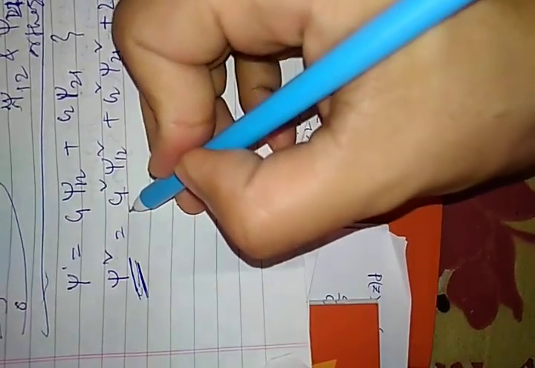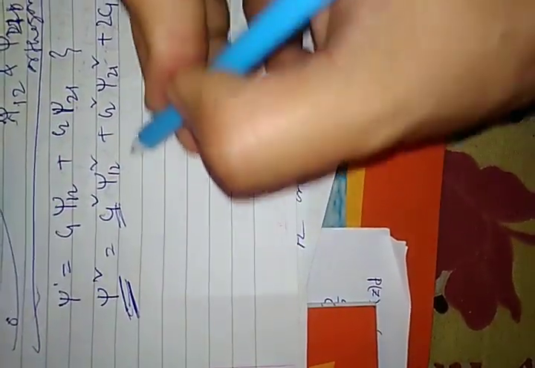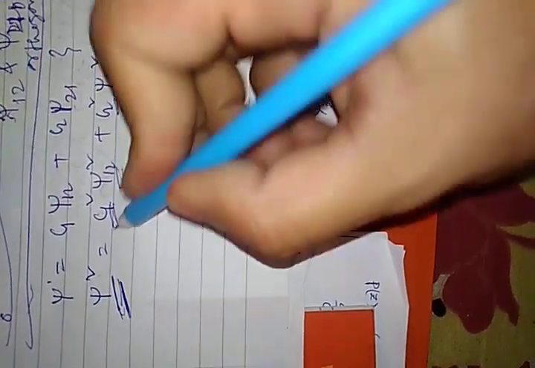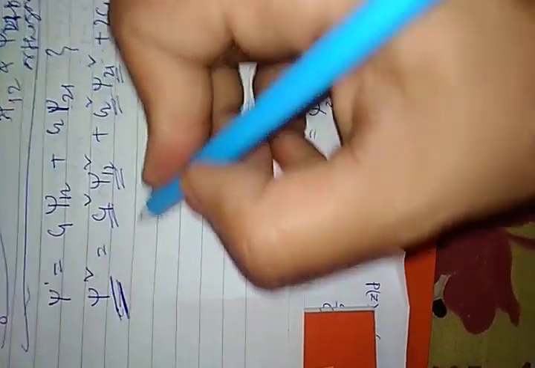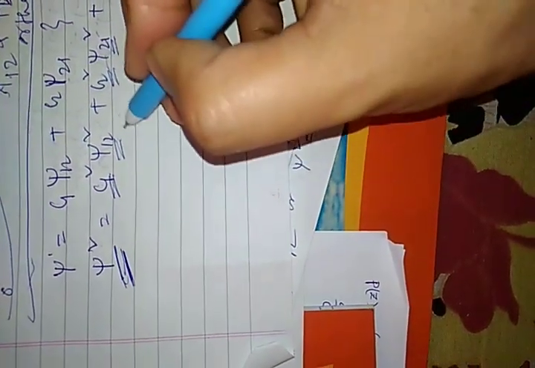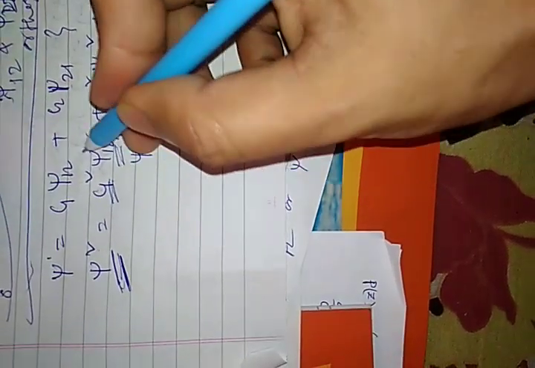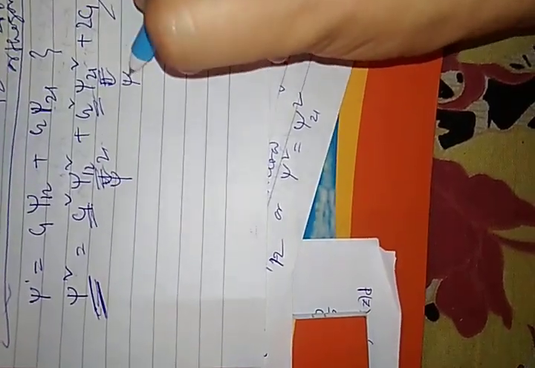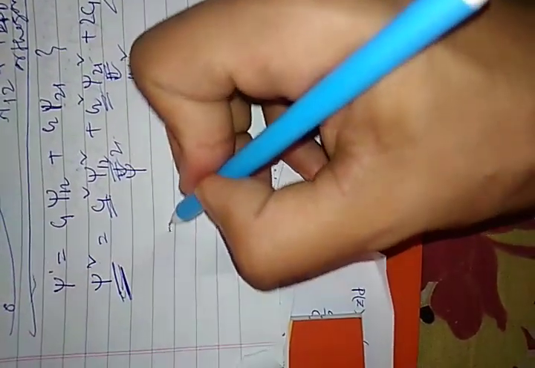equal to c1 square into this much plus c2 square into that much. Here c1 and c2 are coefficients. Now I know that this part equals psi square and this part also equals psi square.